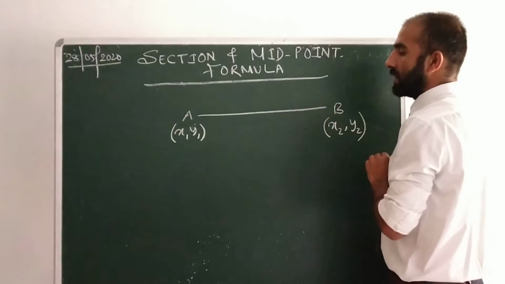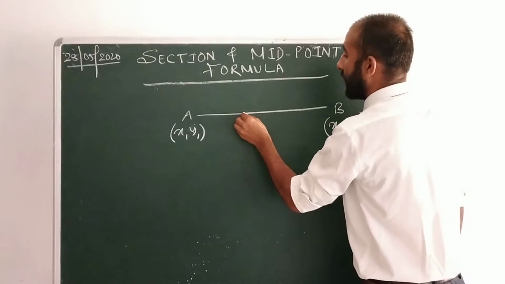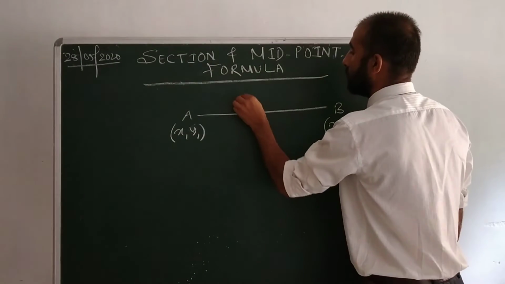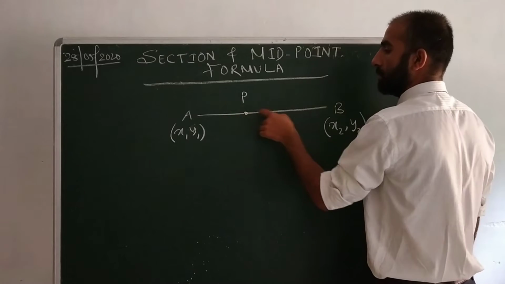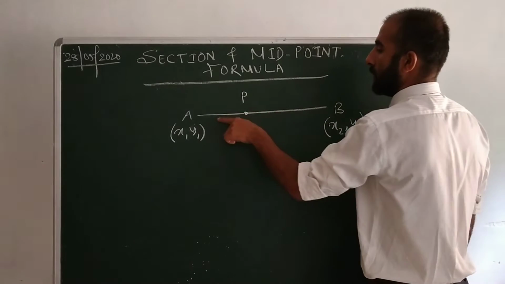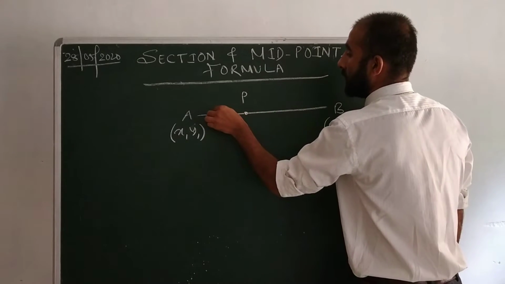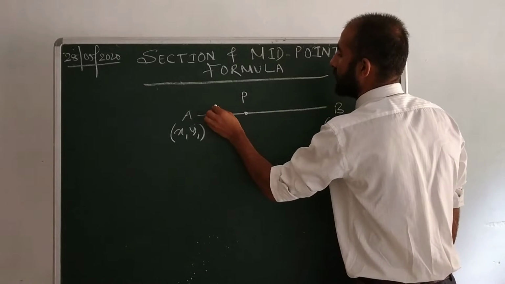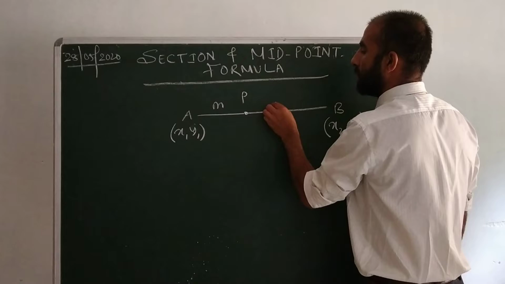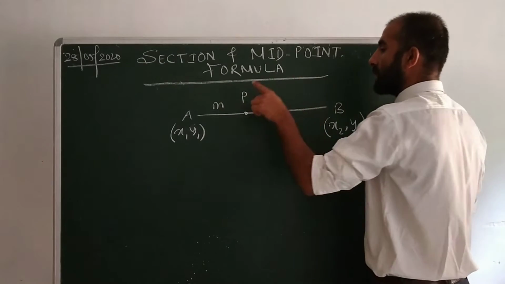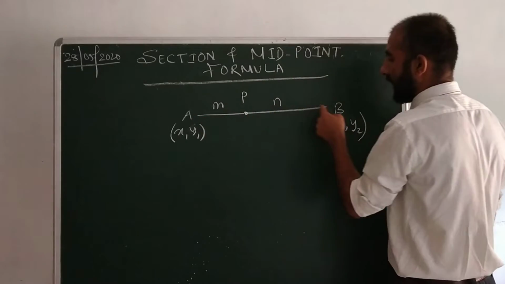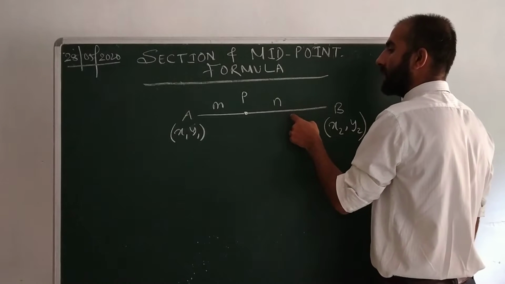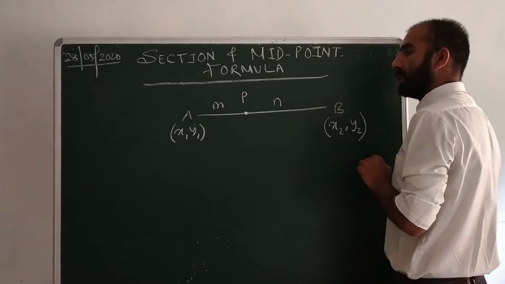This line segment is divided by point P into two parts, which bear a ratio of m:n. That means this point divides this line into two parts in the ratio m:n.